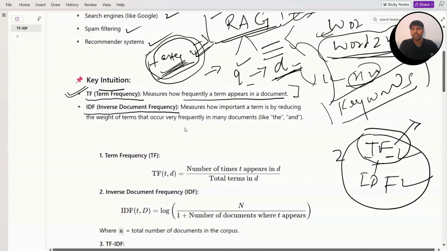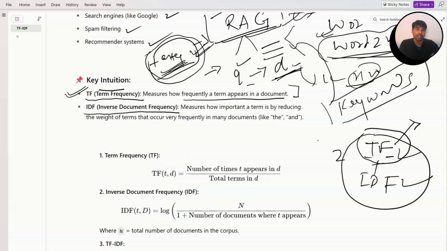This is fine. Now there's another term called inverse document frequency. In the TF part, suppose I have a word W, and I'm finding this word in a given document, suppose in D1, in D2, in D3. I'm trying to find the occurrence of the word in document D1, in document D2, in document 3.